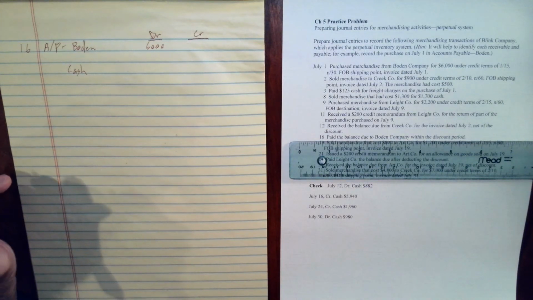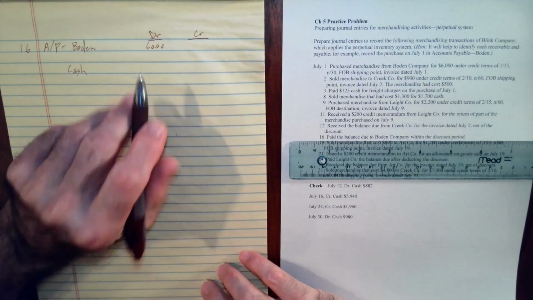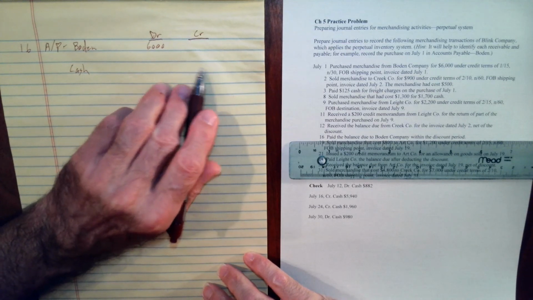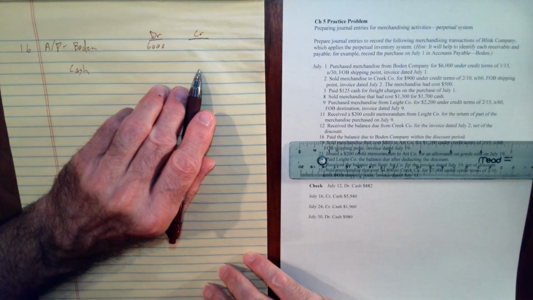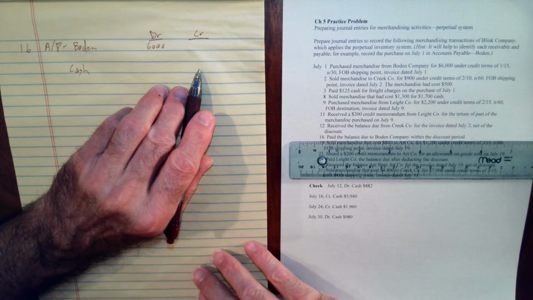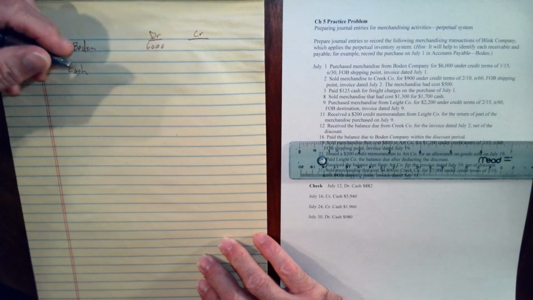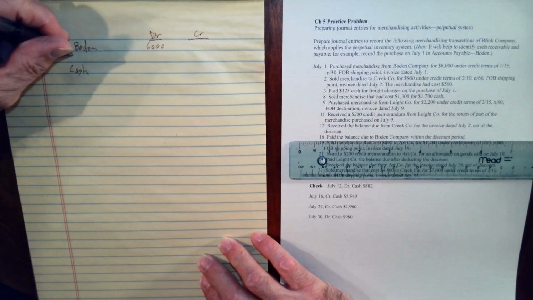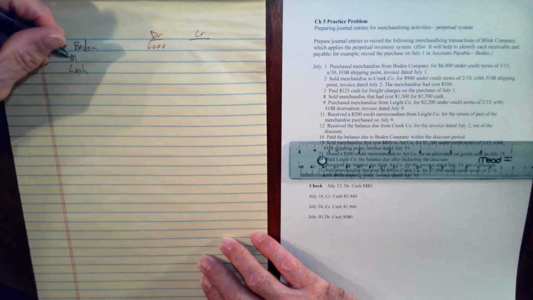So I've got to make up the difference between the $6,000 here and the less than $6,000 in cash, and that's $60, and that's going to wind up hitting merchandise inventory. Okay.